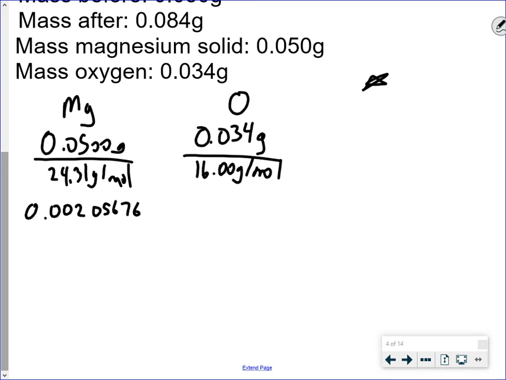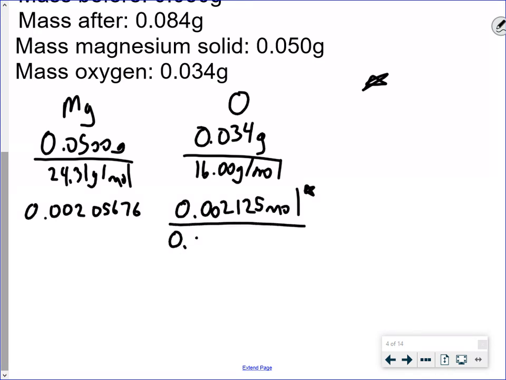We're using the exact molar mass from the table because we're using a lot of theory in quantum chemistry. So we're not doubling it. That's really important. So I get 0.034 divided by 16, and I wind up with 0.002125 moles.